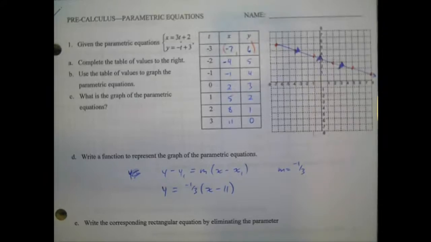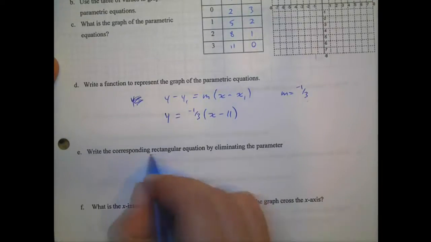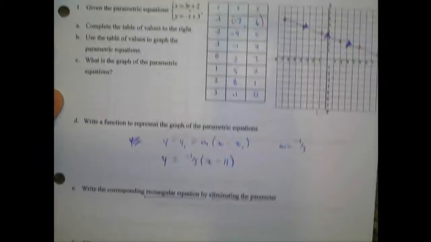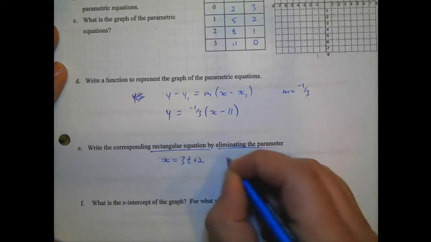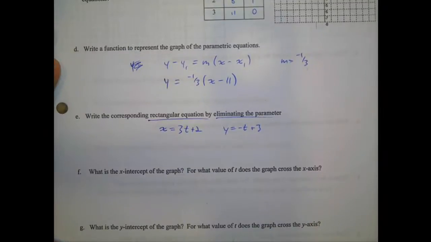The next part, the corresponding rectangular equation. All this means by rectangular equation is x and y coordinates, eliminating the parameter. In the beginning I said the parameter is t. So if I take both of those equations, x equals 3t plus 2 and y equals negative t plus 3, I know that t is represented by time in both of these equations.